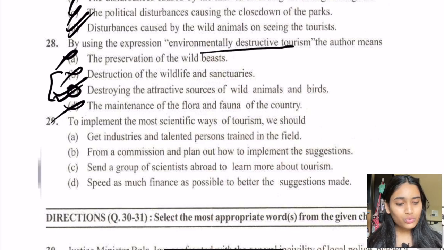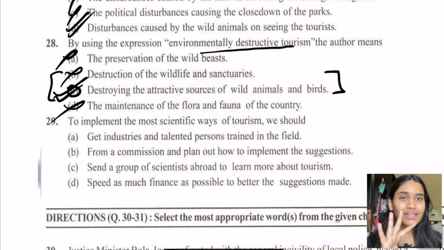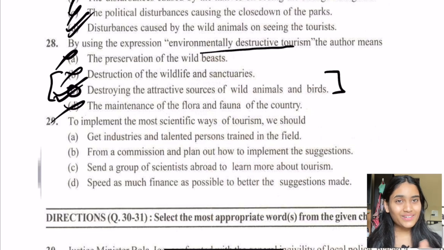These two options basically mean the same thing: destruction of the wildlife and sanctuaries, or destroying the attractive sources of wild animals and birds. They're very closely related, but option C is much more detailed and much more to the point. So that is why we went with that option.